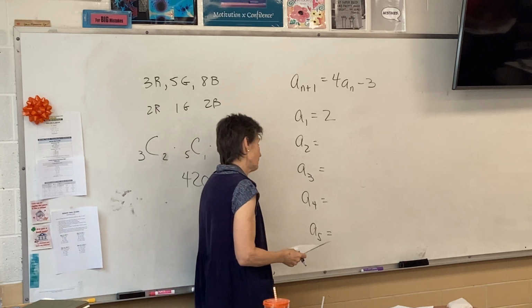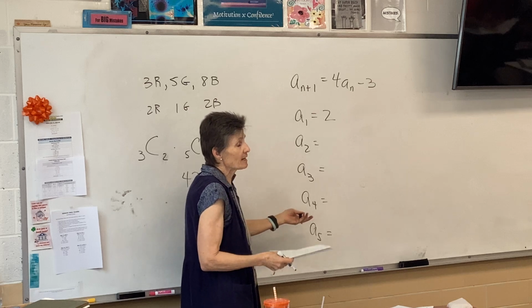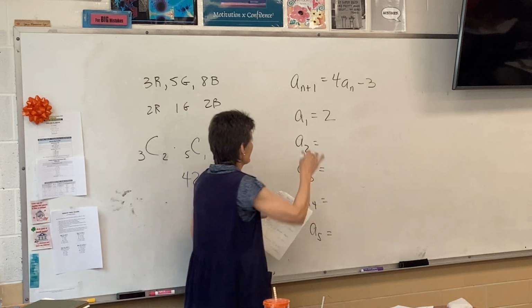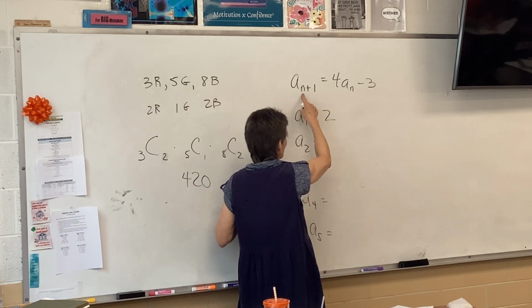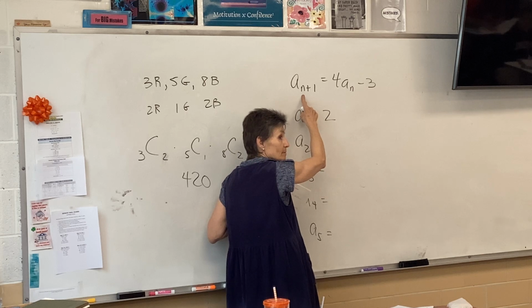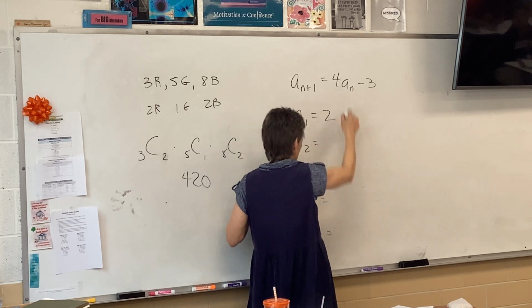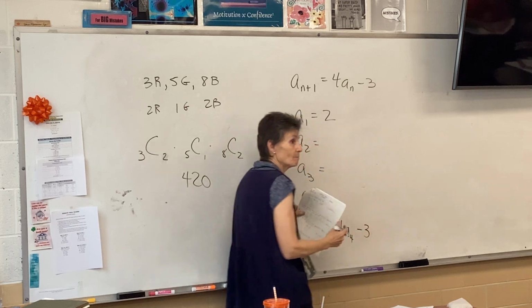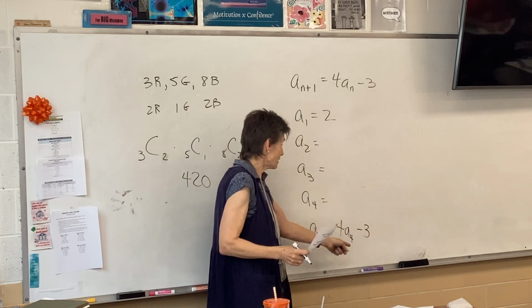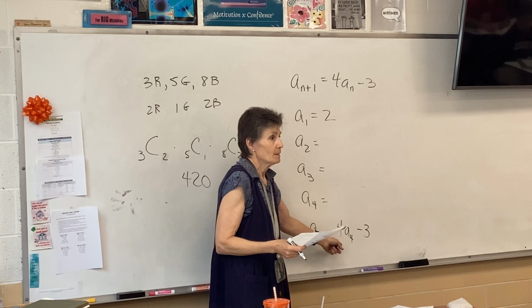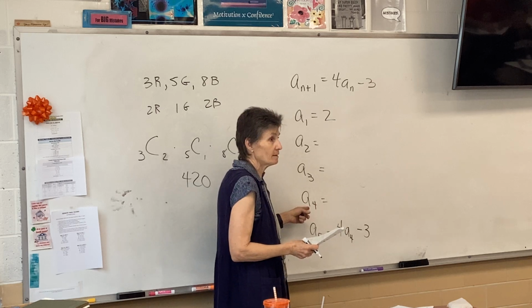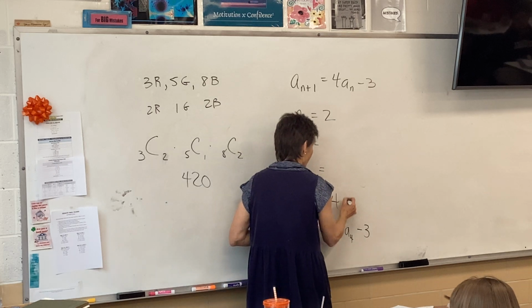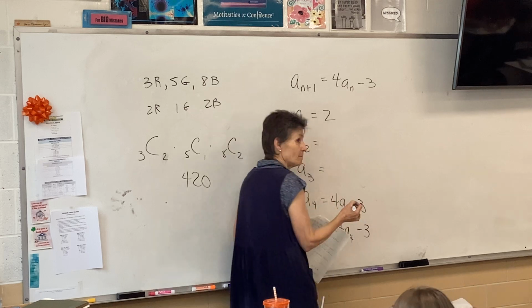Here's the deal, Pat. If I just said I want your 5th term, and according to my formula, I would have to let n be 4, right? So then my formula would say 4a sub 4 minus 3. Okay, but I don't know the 4th term. So then when I get this one, it would be 4a sub 3 minus 3.